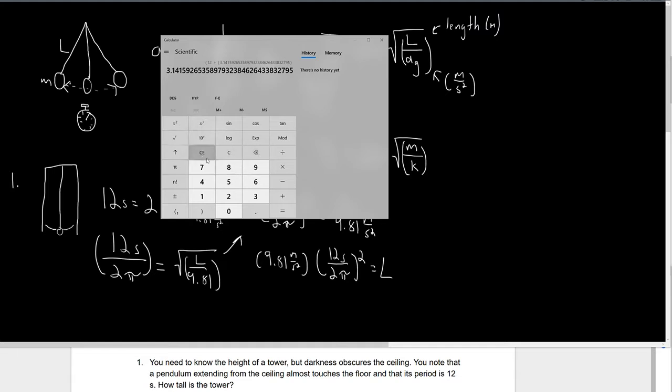Let's start over. 12 divided by parentheses 2 times, I forgot the times, that's what I forgot. Close parentheses, equals. We're going to do this piece by piece. Let's call that 1.9099.